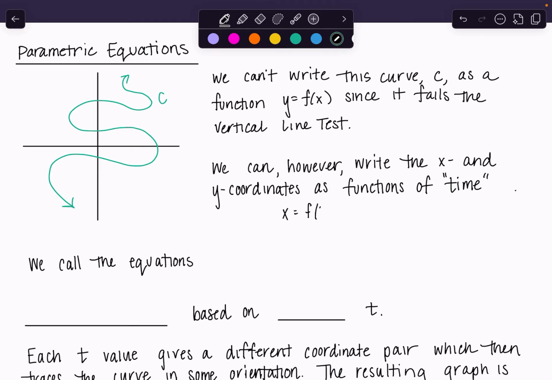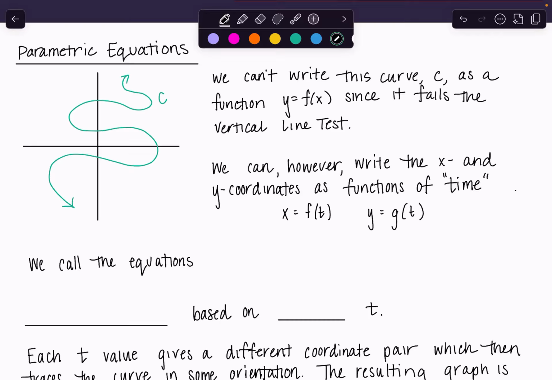So maybe this is some f of t. And then same thing, our y coordinate can be written as a different function of time, or potentially the same one, okay? So these give you a way to keep track of both your x and y coordinate, and in turn, they're both functions, which is really nice because we know functions are super important.